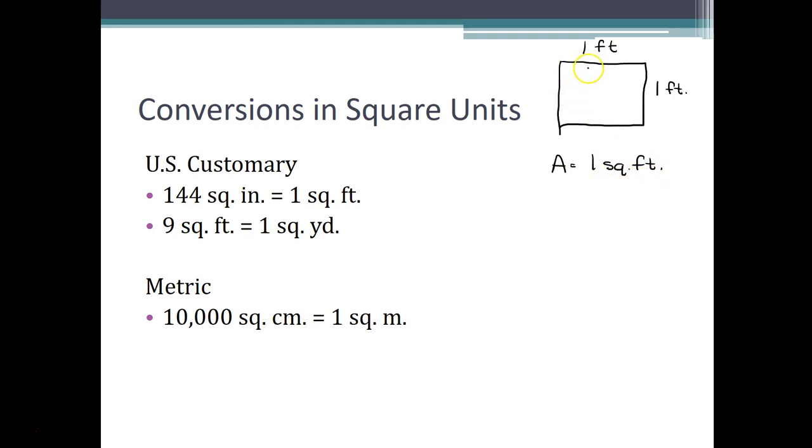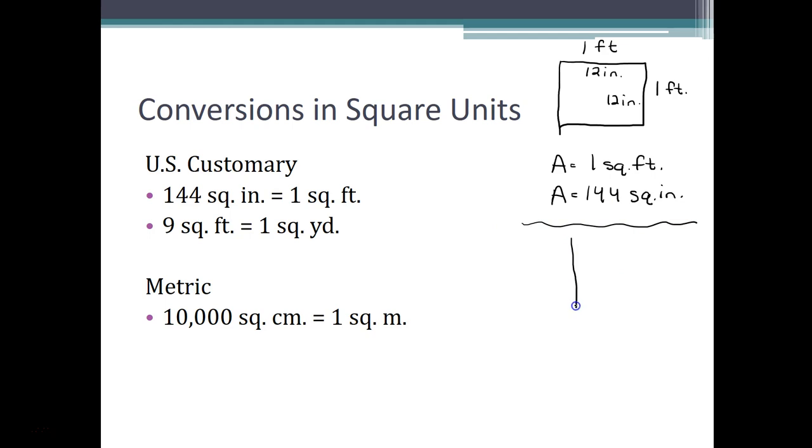But also keep in mind that this 1 foot is 12 inches. So you could also find the area by doing 12 times 12, which gives you 144 square inches. So 144 square inches equals 1 square foot.